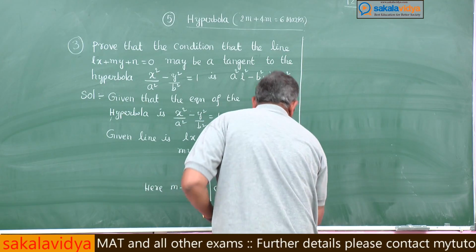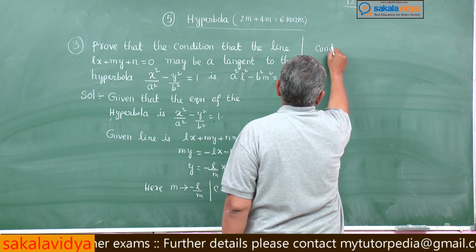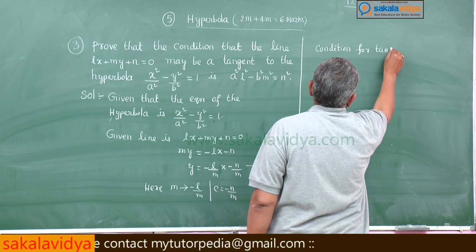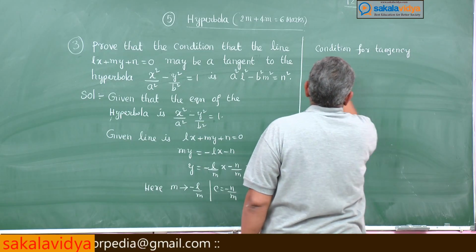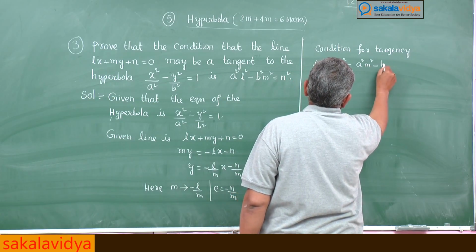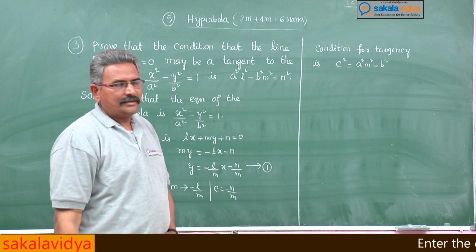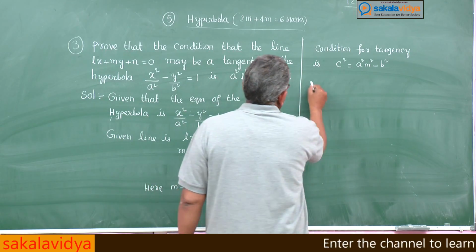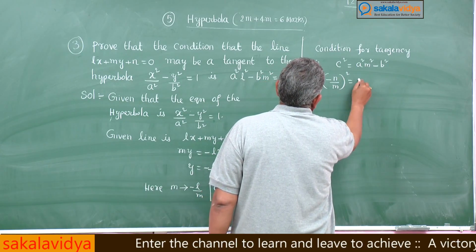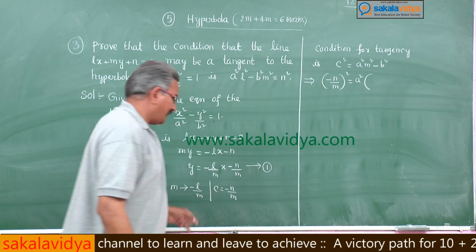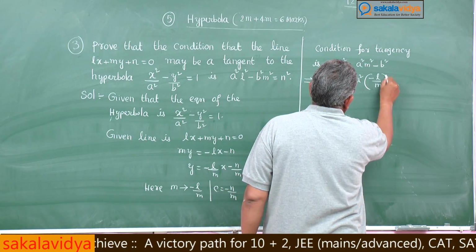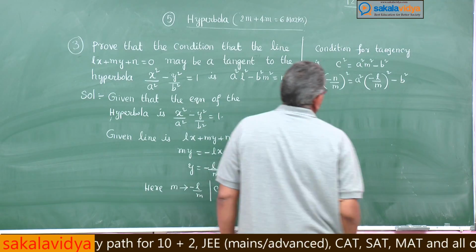So, the condition for tangency is c square is equal to a square m square minus b square. Okay? C square is minus n by m whole square. Here a square only, m stands for minus L by m, so minus L by m whole square minus b square.